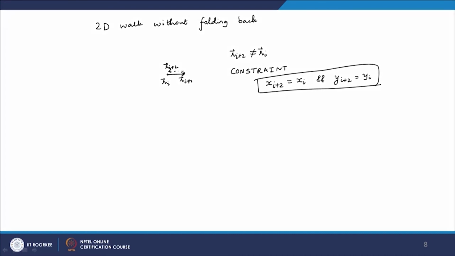So, only when both of these are true we should disallow it. Both should not be true. Of course, x_{i+2} can be equal to x_i, but y_{i+2} can be different, and that will not amount to a folding back. Okay. So, this is a way we can simulate the variety of models that we have discussed.